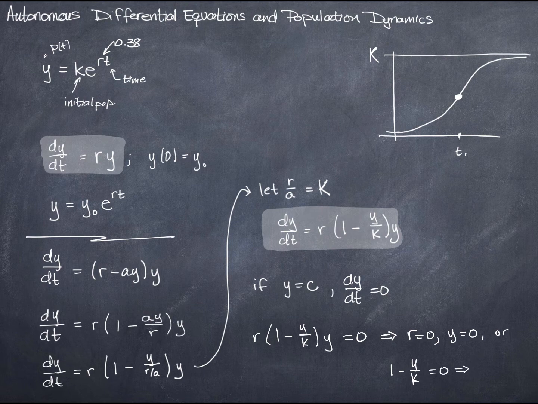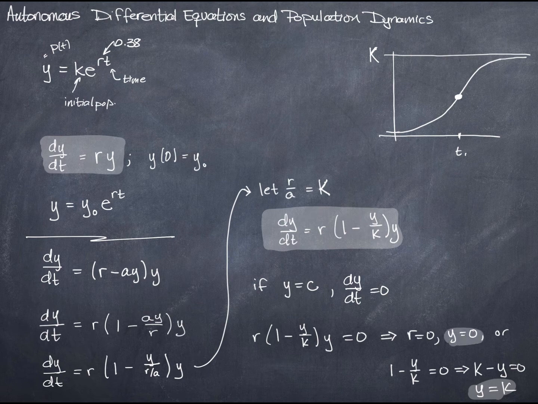If I multiply both sides by k, I get k minus y equals 0, so y equals k.